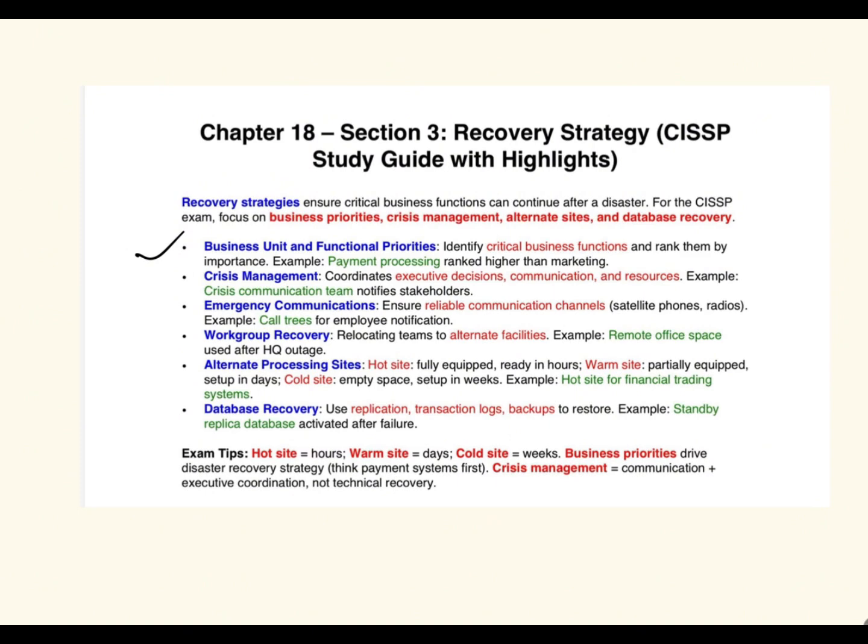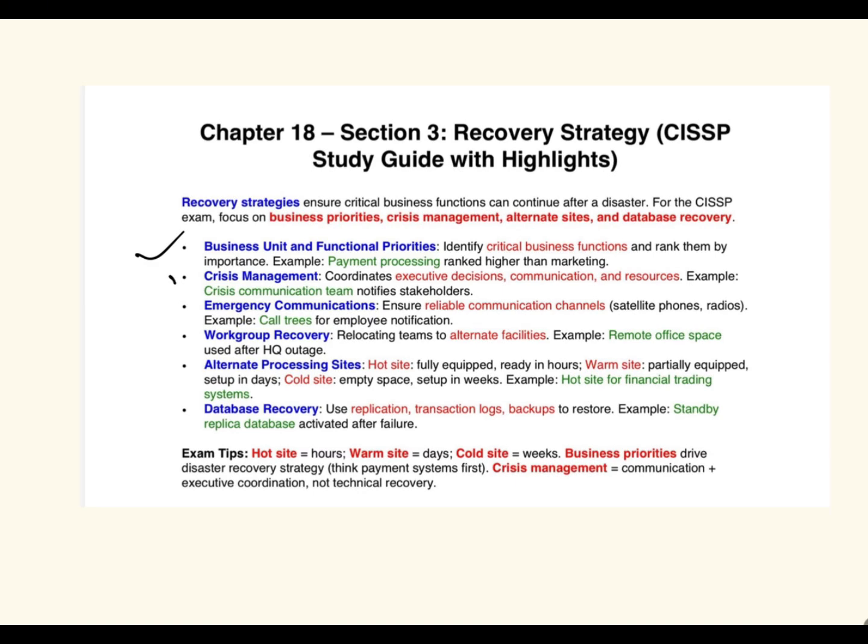If, for instance, there is something wrong with payment processing, then obviously we need to recover the payment processing first. If customer support is not working properly, then we need to recover customer support first. So business priorities determine which systems are restored first. That is another good thing which we need to keep in mind.